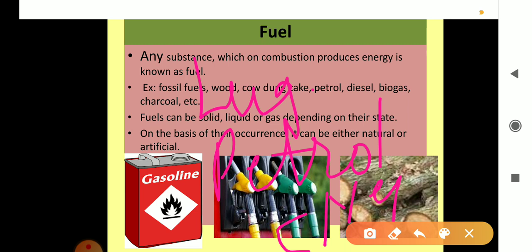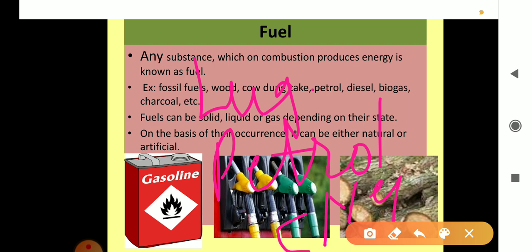These are all fuels which give energy on combustion, especially heat energy and light energy also. So many fuels are there: wood, coal, charcoal, petrol, diesel, compressed natural gas, which is called CNG, right?